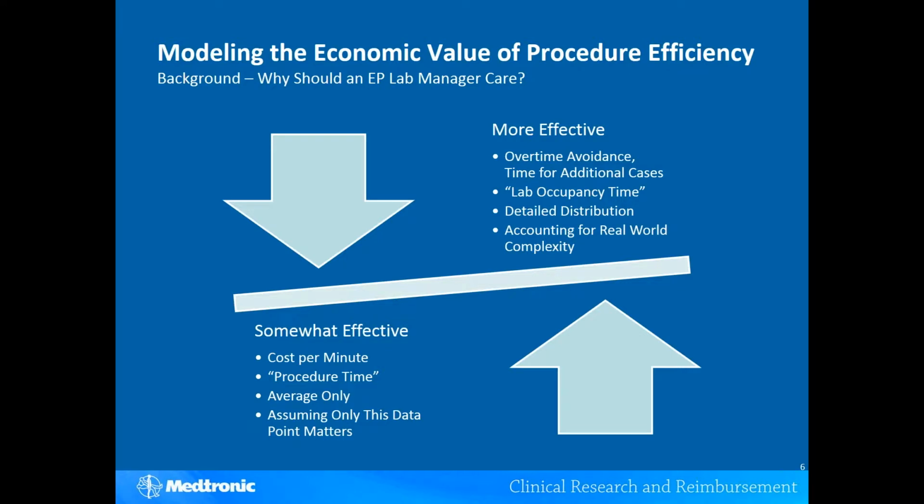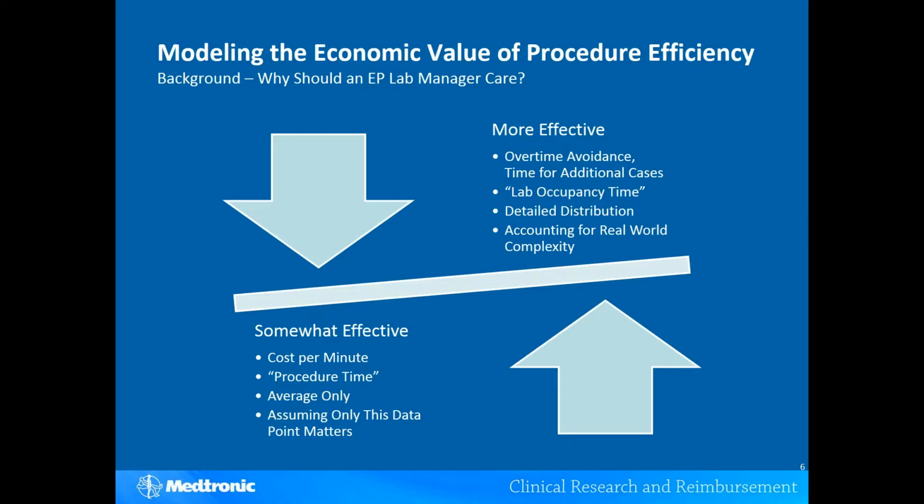And so what I did learn on the other side of this slide was that metrics that were important to hospital administrators in this case were things like avoiding overtime. So if they had days where the procedures went so long that people were there past the end of their shift, that was undesirable.